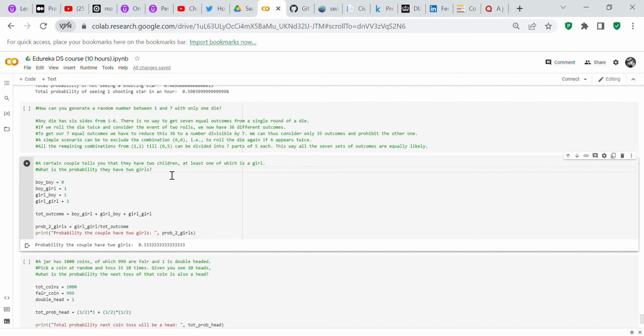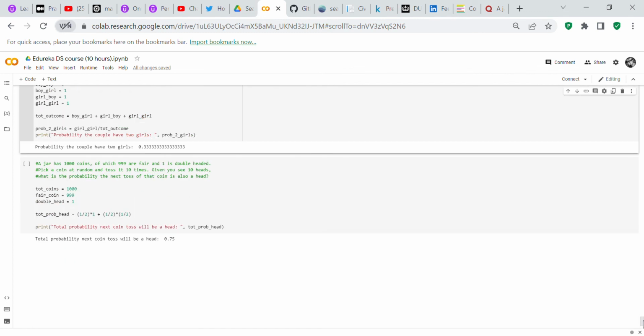So print the probability the couple has 2 girls, and it's going to be 33% or 1/3. So that's the answer to that question. If you get that question in an interview, at least you know the answer to it.